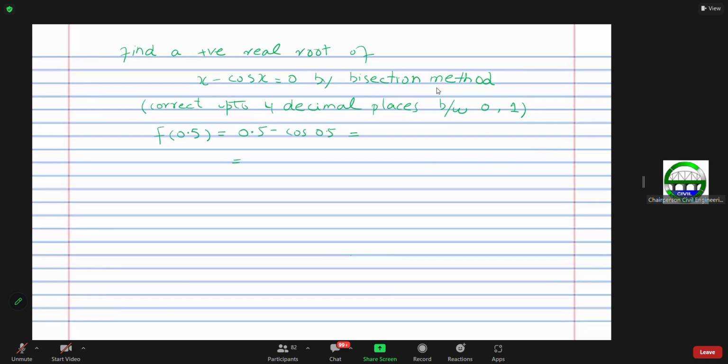So maybe it is radians. Mm, radians. Can anyone calculate in radians? How to convert it into radians? Can anyone take this 0.5 as radians?